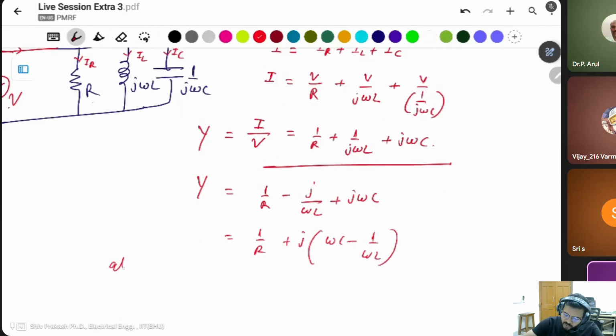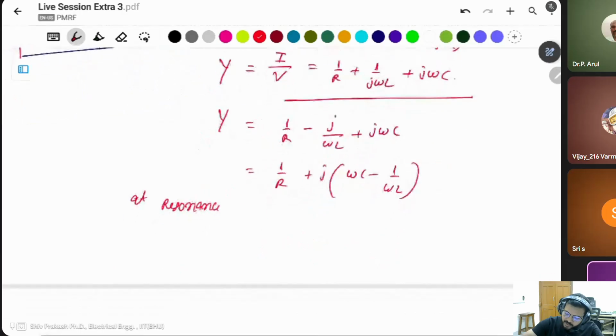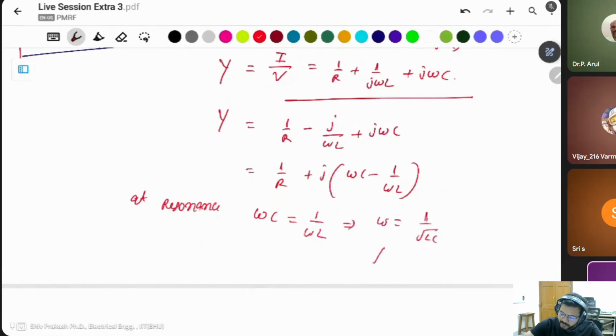At resonance, you know the imaginary part is 0. That means omega C is equal to 1 upon omega L. Simply omega is equal to 1 by root of LC. What is the frequency? 1 by 2 pi under root LC. This is the resonance frequency in the parallel combination of the RLC circuit.